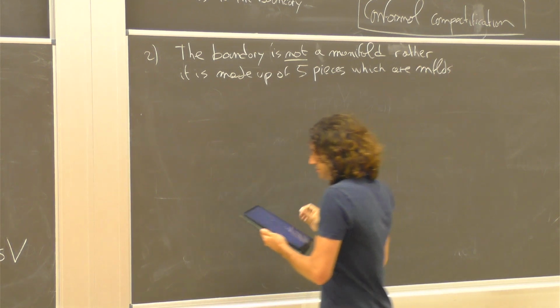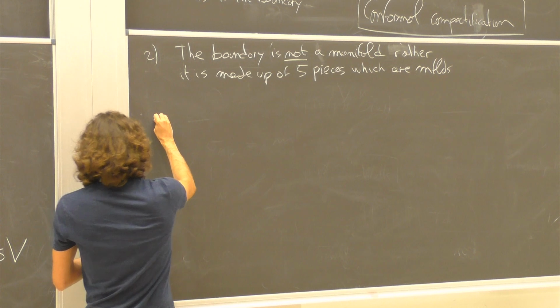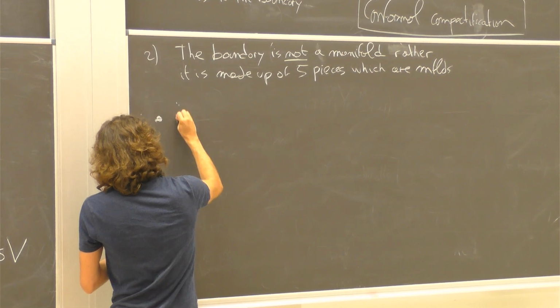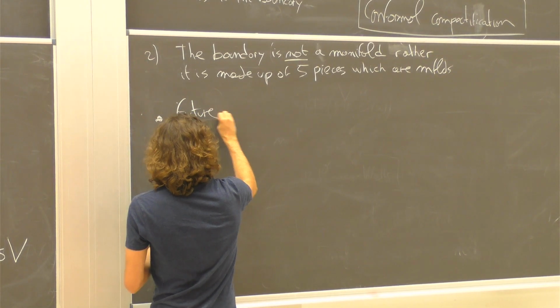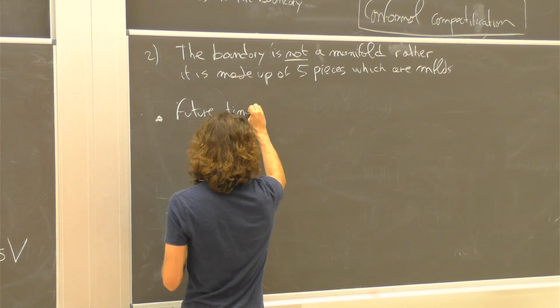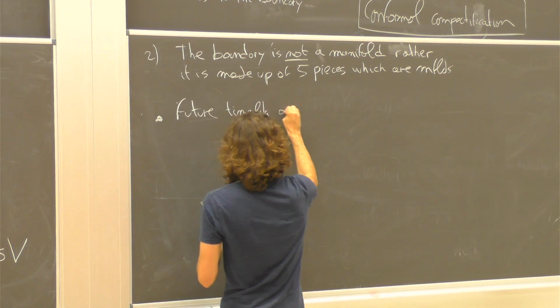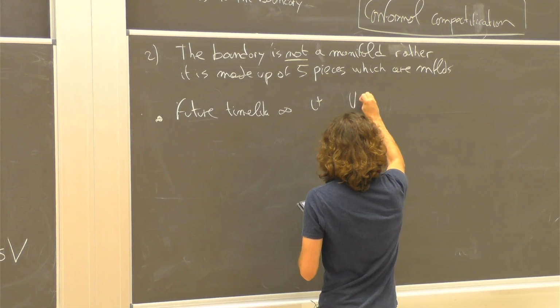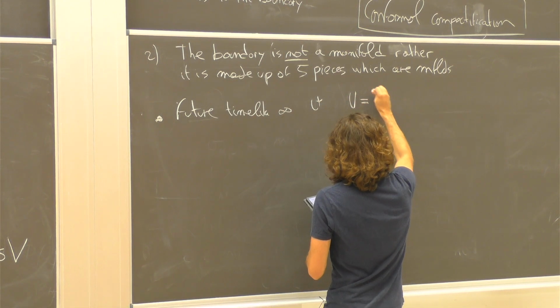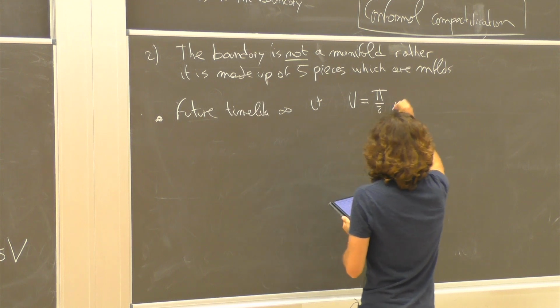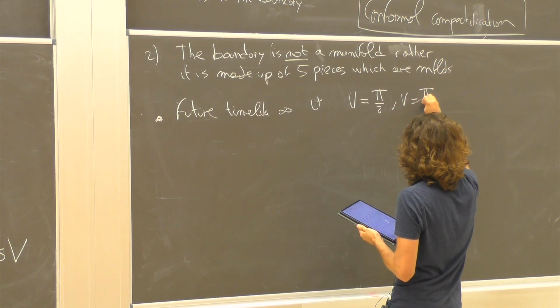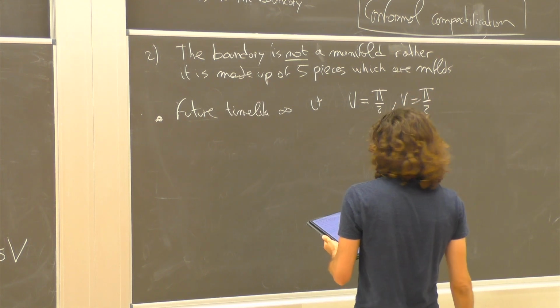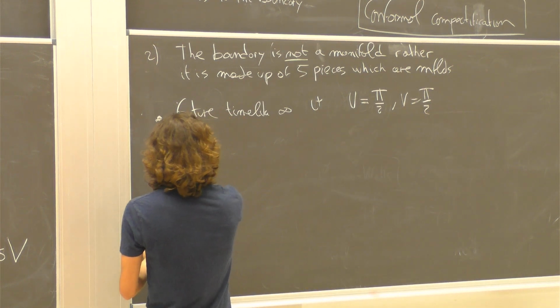Okay, so as I discussed, we have future time-like infinity, I plus, which is given by u equal pi over 2 and v equal pi over 2. You should easily see it on the diagram.